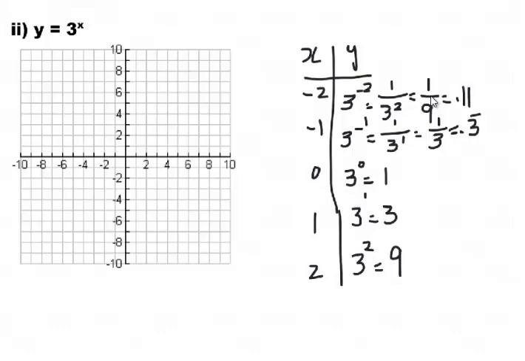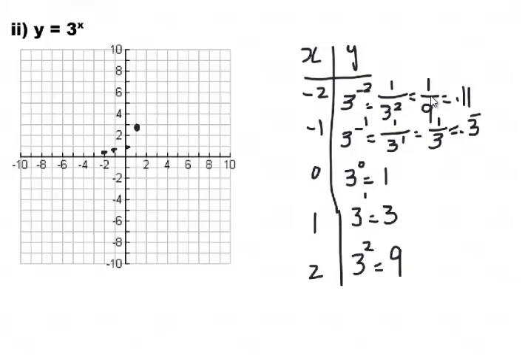So let's go ahead and plot these values. When x is negative 2, y is 0.11, so it's going to be a point very close to the x-axis. When x is negative 1, y is 0.3, it's going to be a point here. When x is 0, y is 1. When x is 1, y is 3.